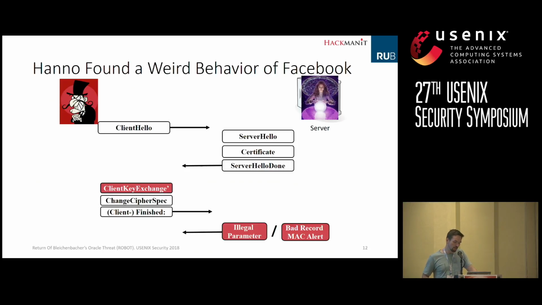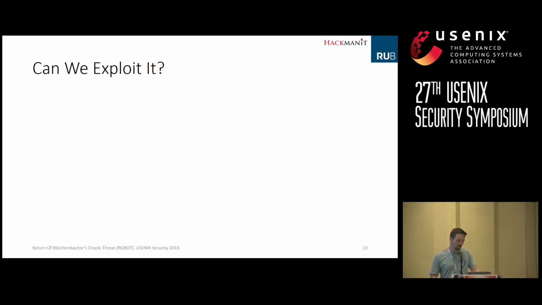He pointed out that the server, instead of responding with general alert messages, responds, depending on the client key exchange message, with an illegal parameter alert or a bad record MAC alert. We analyzed it, and found out it's really a problem, and we asked ourselves, is it exploitable? We wanted to prove it somehow.